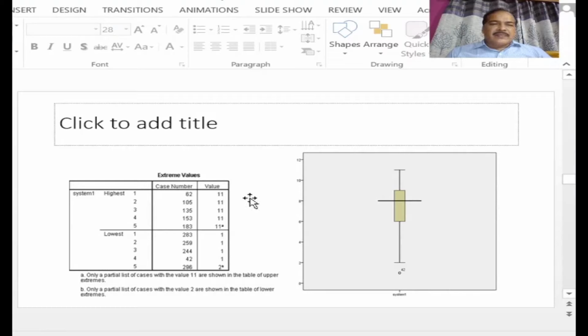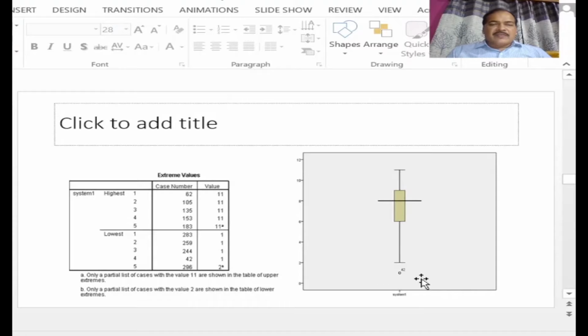As is visible in this table and in this diagram, the extreme values have been identified by the software itself, and this box plot is showing the extreme value of case number 42, and it has been identified in this diagram.